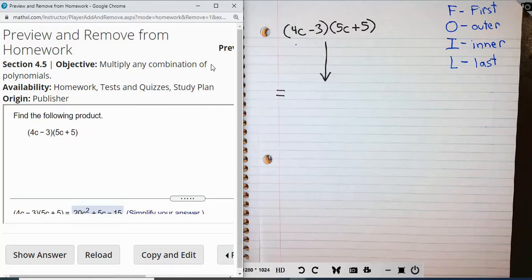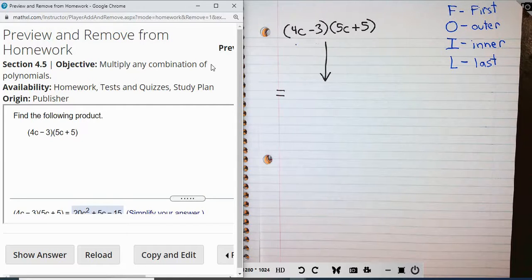By the way, foiling is essential to any of the other math classes that you will take. If you are not able to do FOIL properly, you're really going to run into a dead end in these other classes. So you really want to master this concept, and that's why it's included on the final exam. It's very critical.